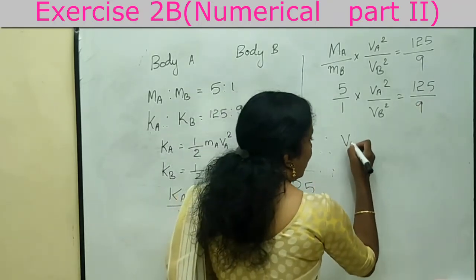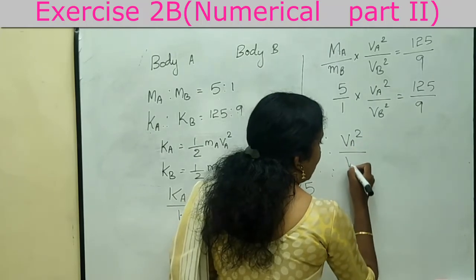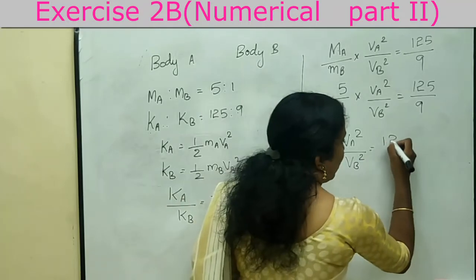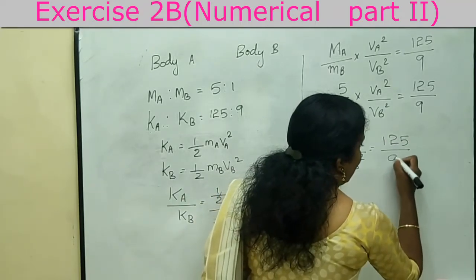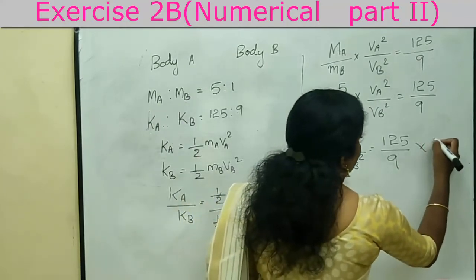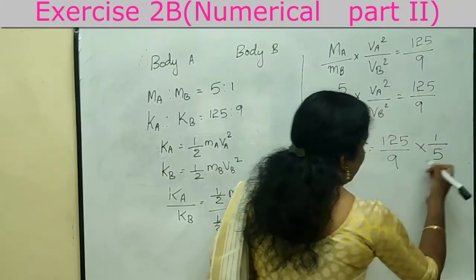Therefore, VA square by VB square is equal to 125 by 9 into, when you take the reciprocal, 1 by 5.